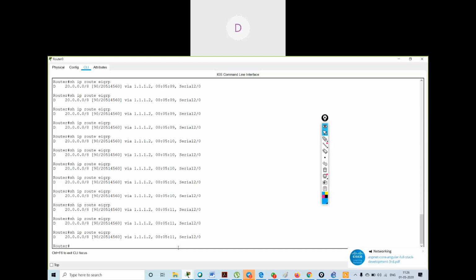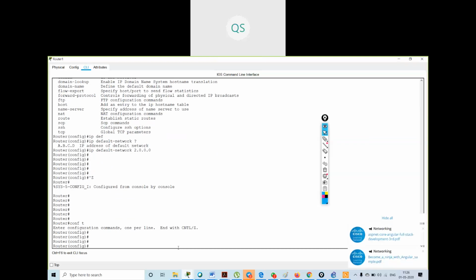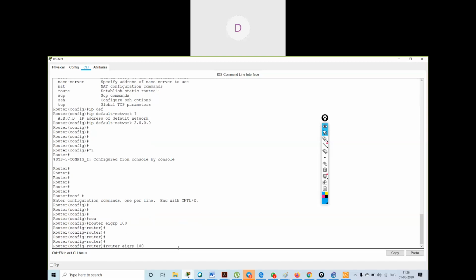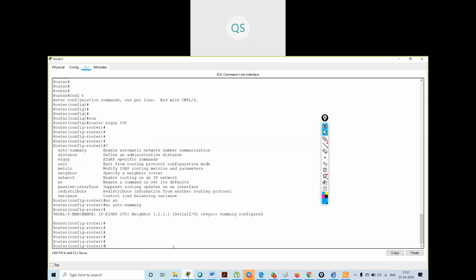There is no command in the EIGRP for summary.